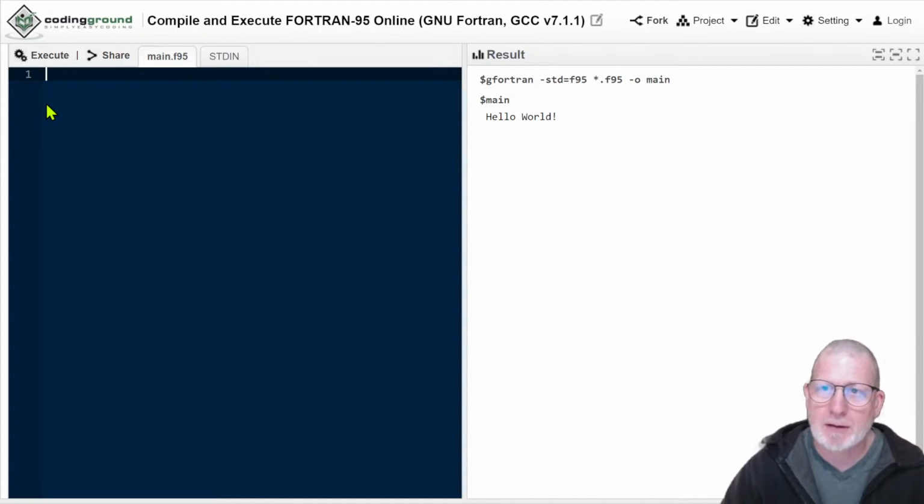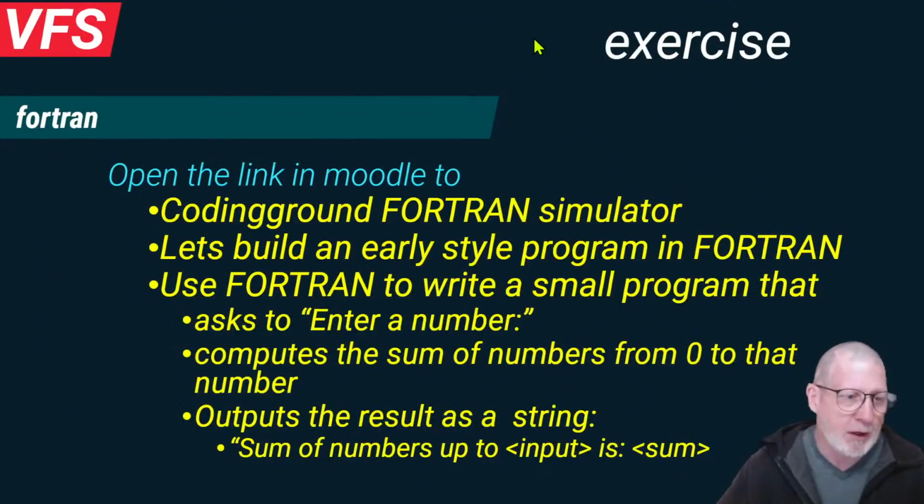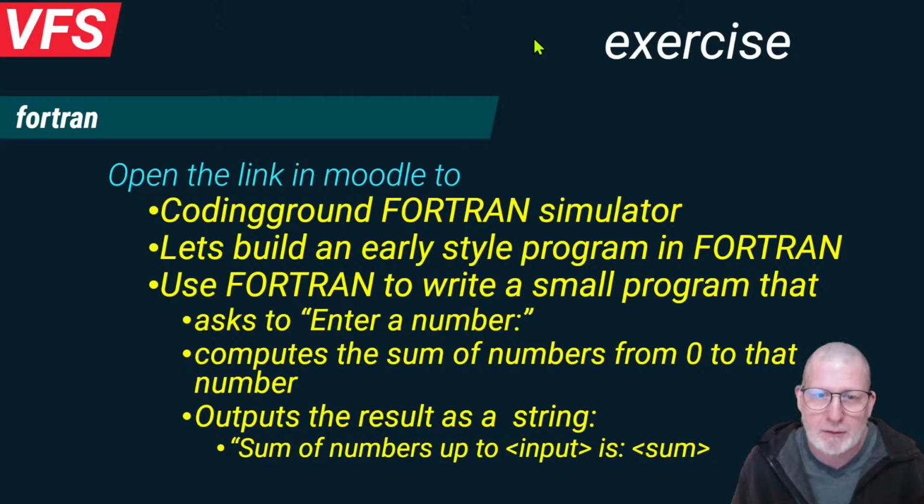Now we're going to write a program that adds a couple numbers up. We're going to write a program that asks you to enter a number and then adds all the numbers from 0 to the number you put up and then put this output string down. Now that seems fairly straightforward, right?